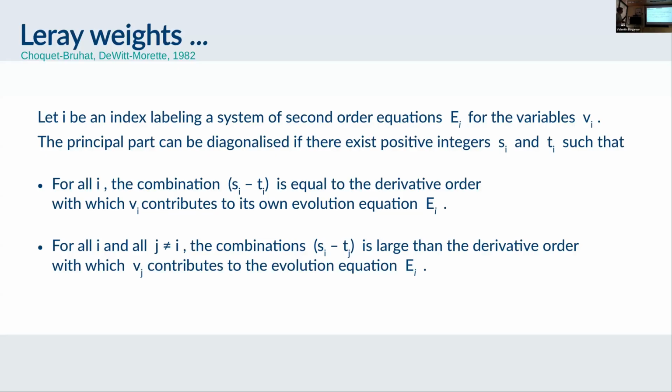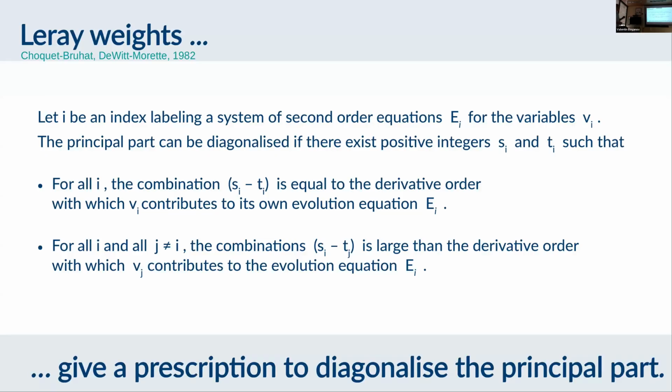I think it's nice to go through that mathematical definition if you have enough time, but in a talk it's much better to give an example, and I'll do so on the next slide. But this basically gives a prescription to diagonalize the principal part of the equations of motion if it's possible.